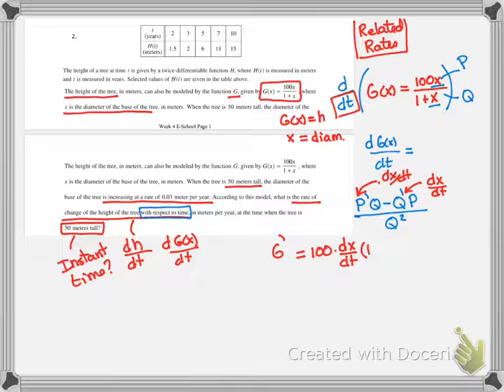Times my denominator 1 plus x, minus the derivative of 1 plus x, which will just be 1 times that dx/dt, times the numerator 100x, all over the denominator squared.